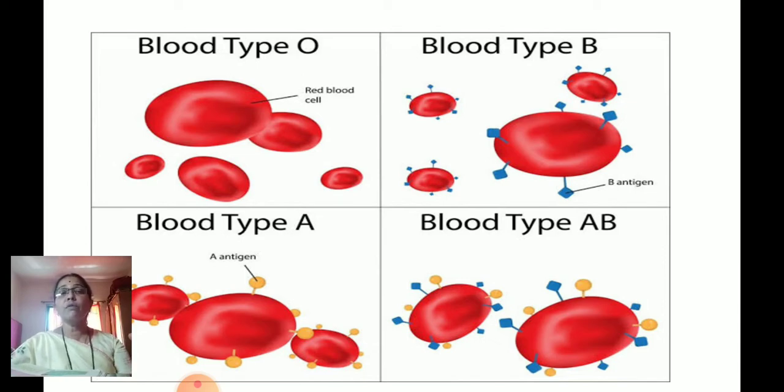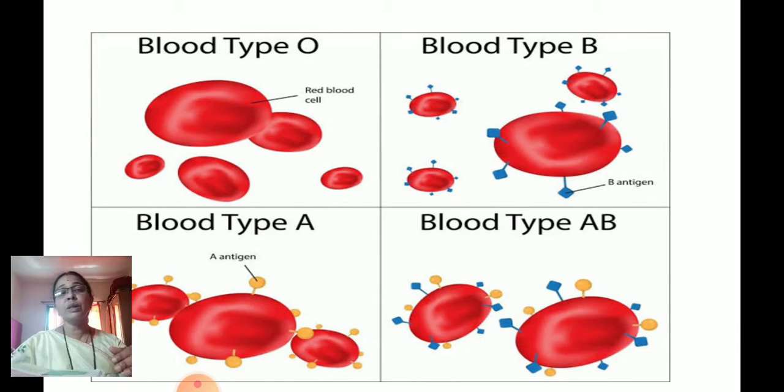Too much blood is lost. This blood has to be given immediately, because the body cannot form blood immediately, as the body itself has become weak, so immediate action has to be taken to recover the lost blood.